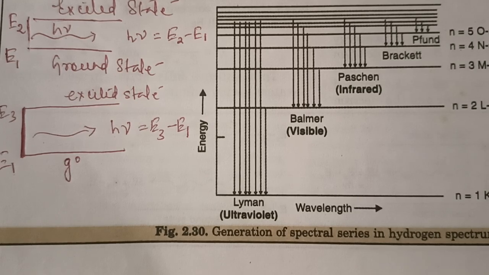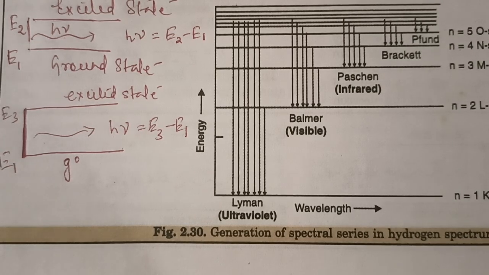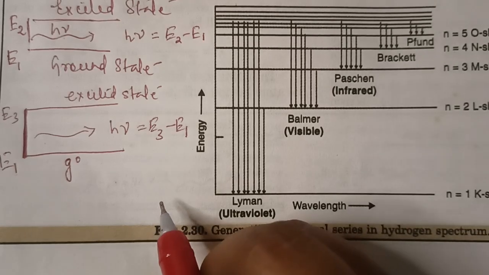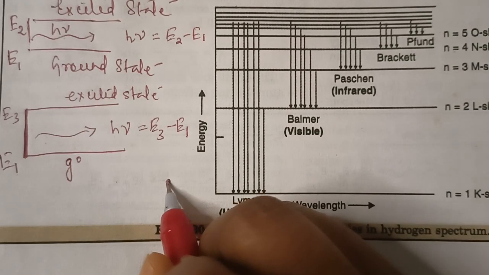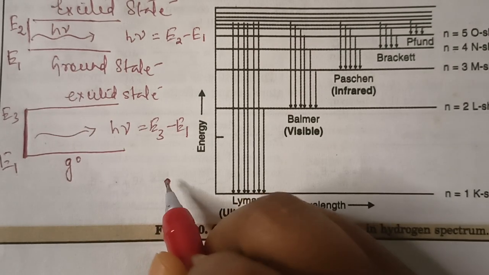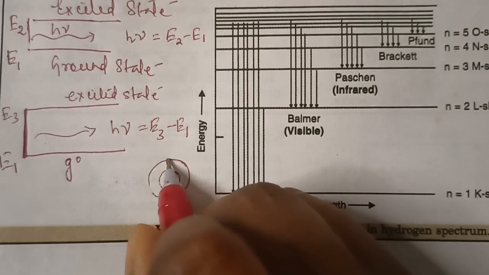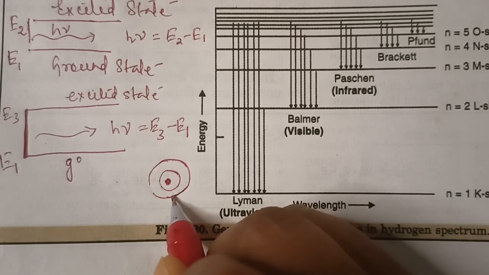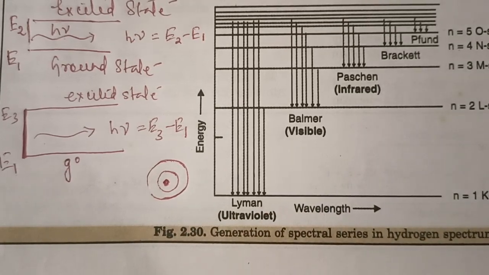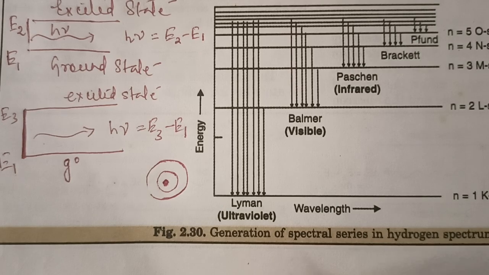So simply, when energy from an outside source is applied to, suppose, a hydrogen atom or any atom, we can imagine it has a center called the nucleus and electrons revolve around it. When energy from an outside source is applied, it absorbs a definite amount of energy and jumps to a higher energy state.